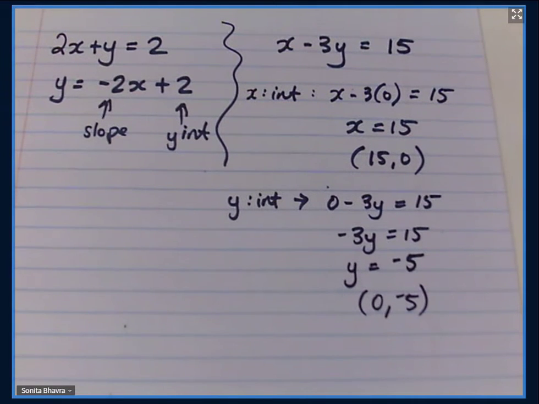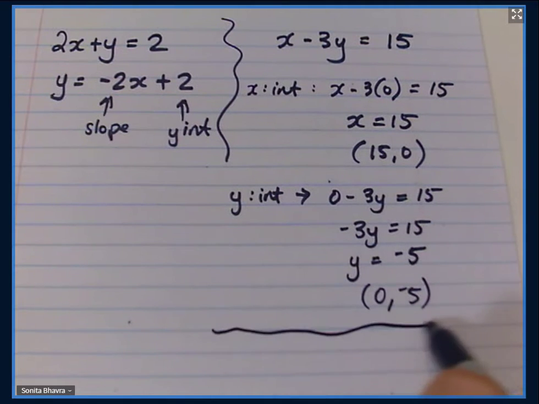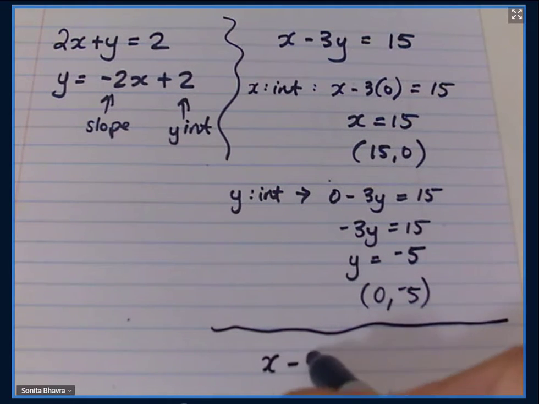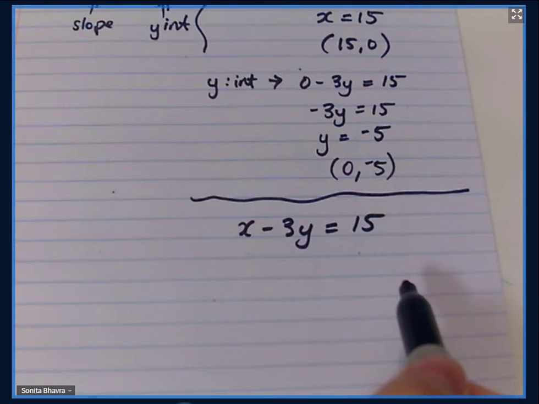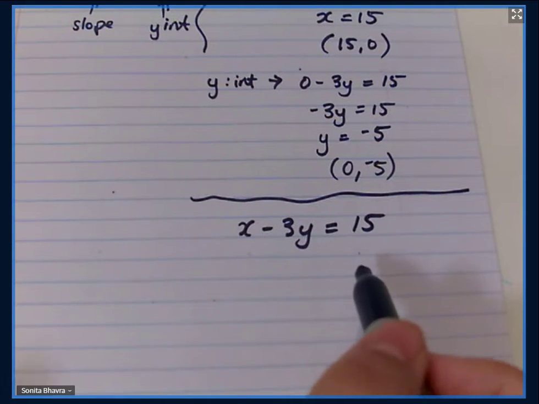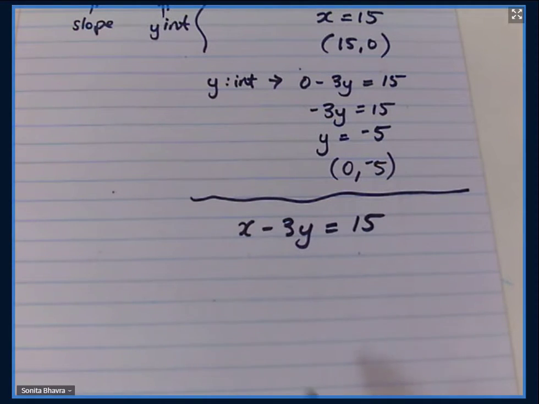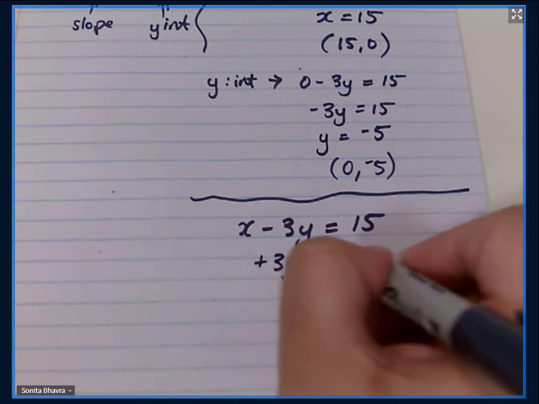Or you can just take that equation and put it into y equals mx plus b form, which I'm going to do as well. So x minus 3y equals 15. And I'm going to solve it for y to put it into y equals mx plus b form. All right, so what I can do is I can add the 3y to both sides.